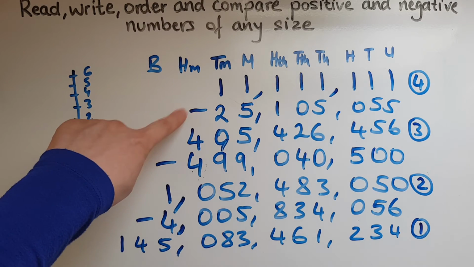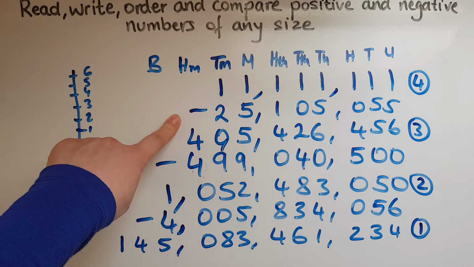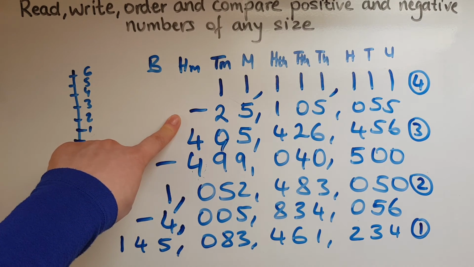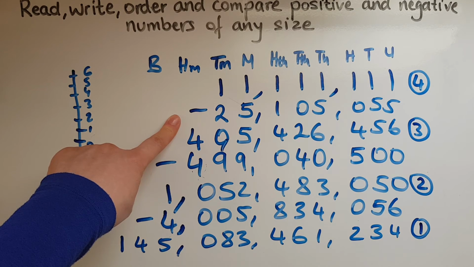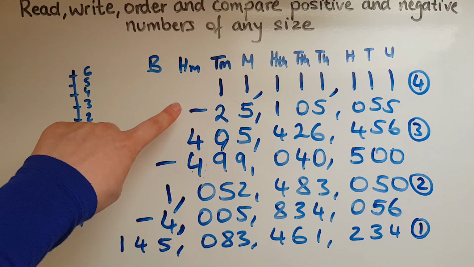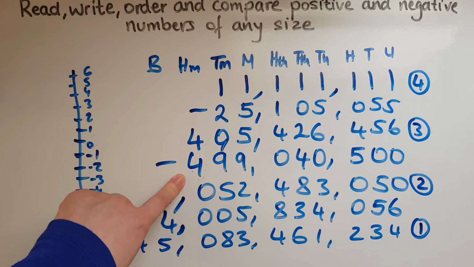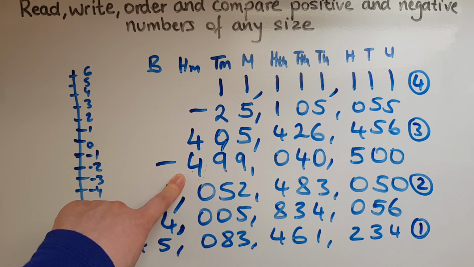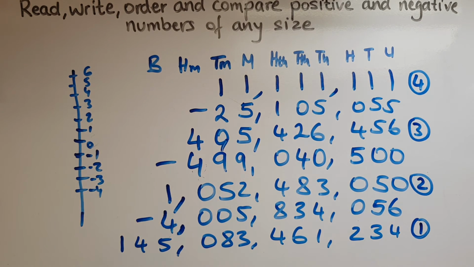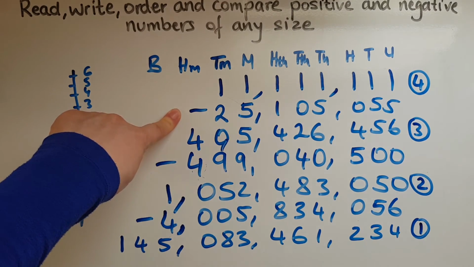So this will be the next biggest one, because being overdraft by 25,105,055 pounds is not the same, or is less than being overdraft by 499,040,500. So this is better, this is a bigger number.